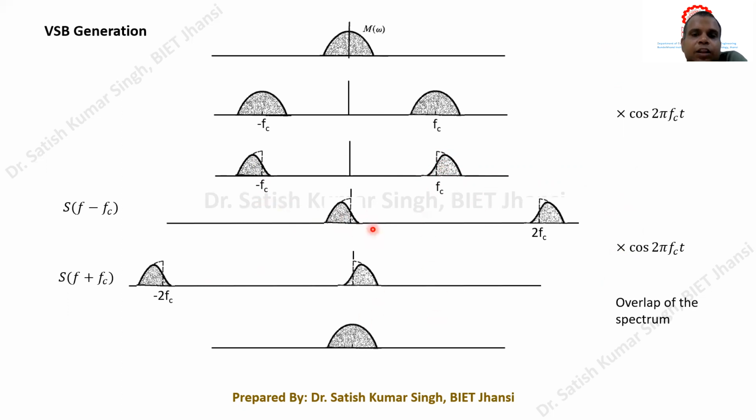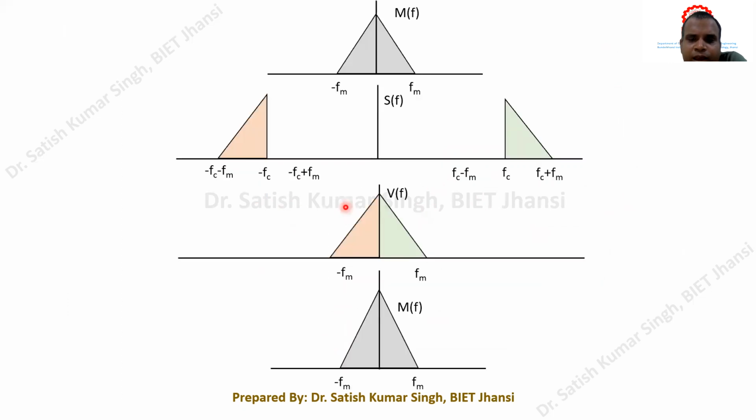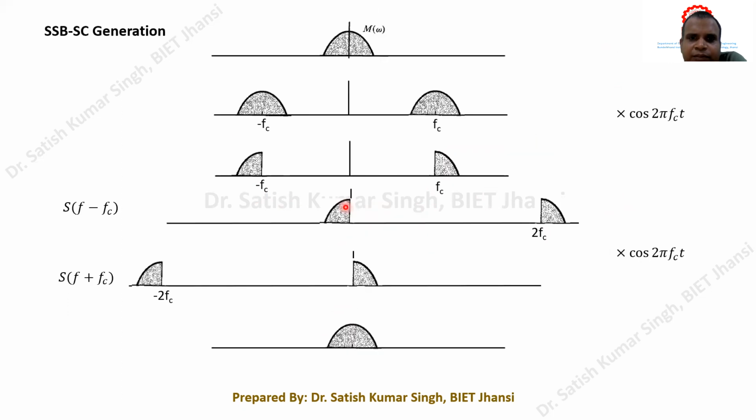Once they are added together, we can see that a certain portion will remain the same, and a certain portion of this spectrum is going to be overlapped. If you compare with the previous slide, in the case of SSBSC signal, this spectrum and this spectrum are not overlapping, but there must be an overlap in the case of DSBSC signal.